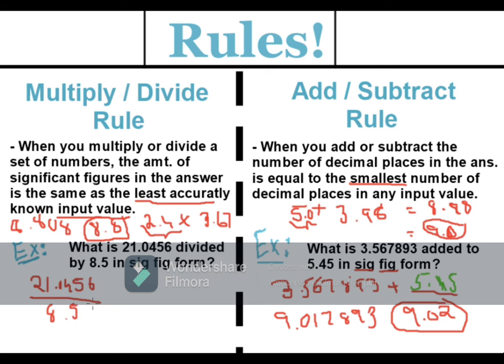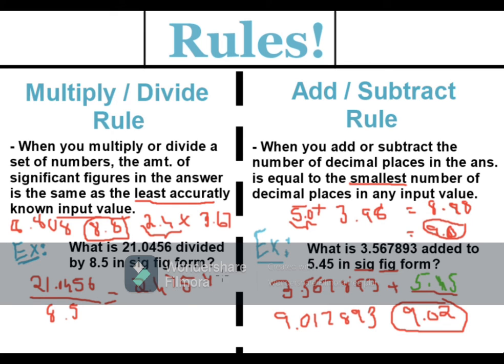Let's just get what the answer is first, which is 2.475952941. Let's compress that a little bit: 2.47595.